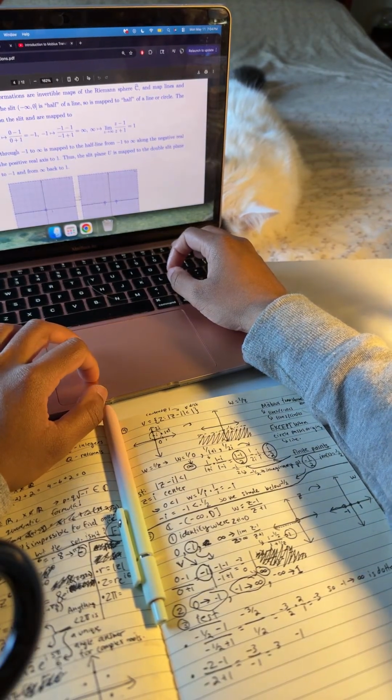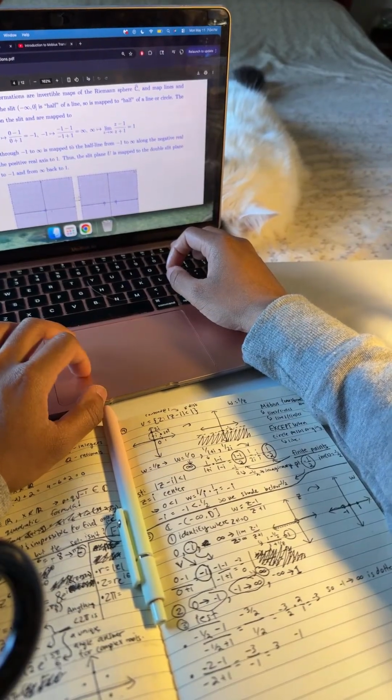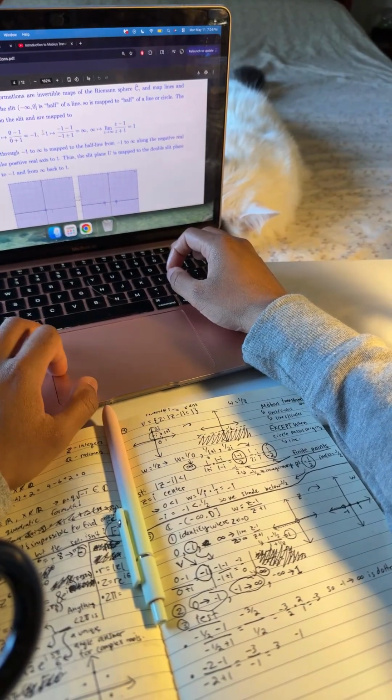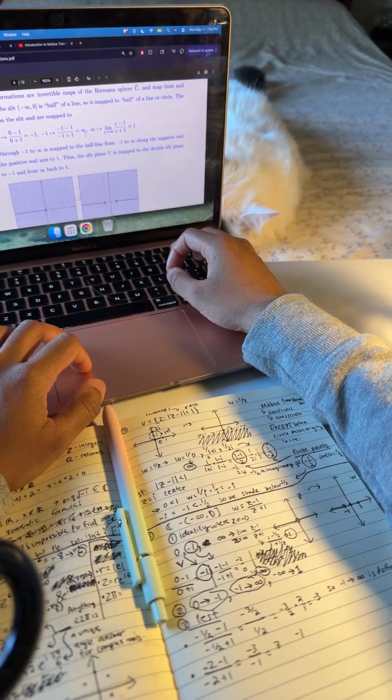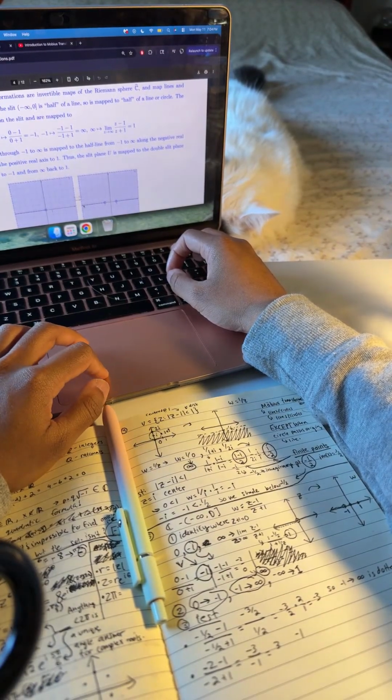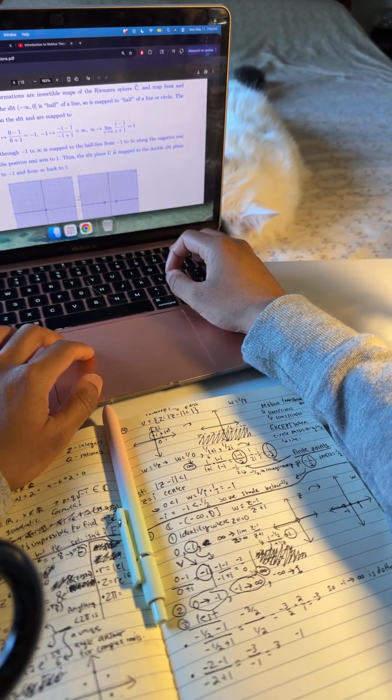The half line from 0 to -1 is mapped from the half line from -1 to infinity. Along the negative real axis.